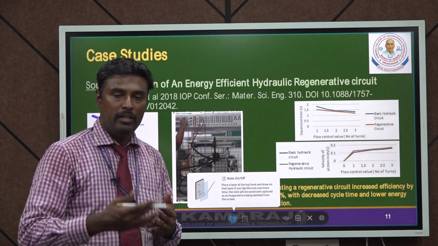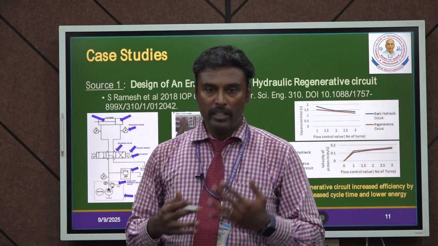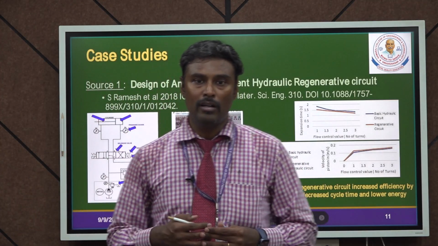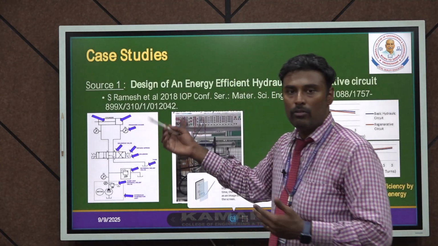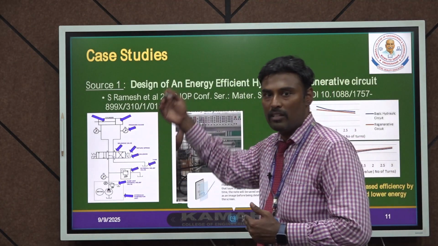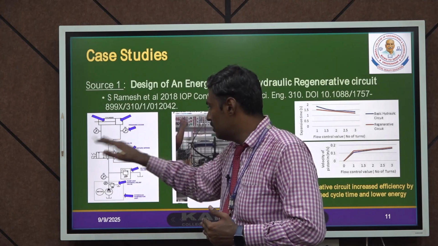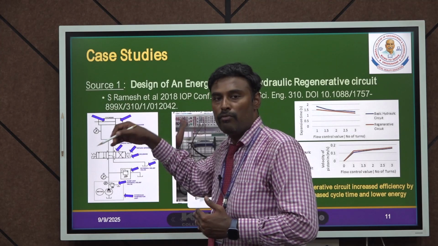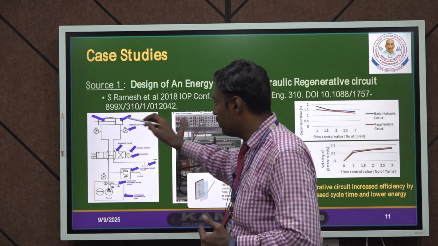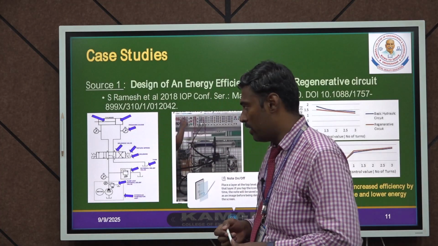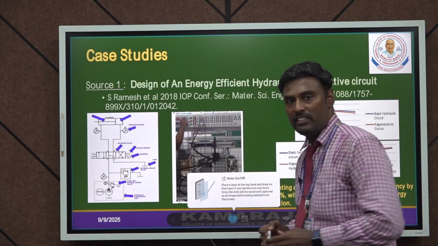If you want to attain speed control, we would normally need a throttle valve or flow control valve, but here we have no throttle or back pressure valve. That is why we have reduced the cost of this entire setup. Based on the fluid flow rate differences, we achieve fast and slow cylinder speeds. This is the use of regenerative circuits.